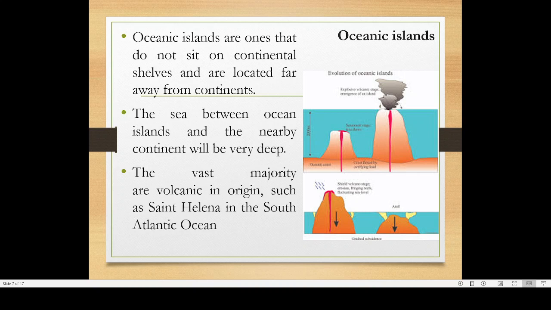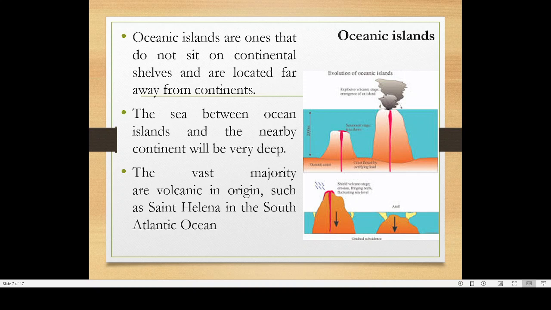Through that gap, volcanic magma will come out. That process results in the formation of volcanic islands. Many of the oceanic islands that we see today have formed by this process of plate divergence. So plate divergence sometimes results in the formation of volcanic islands.